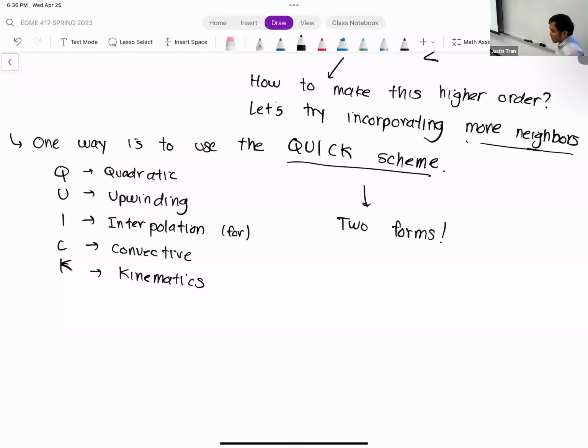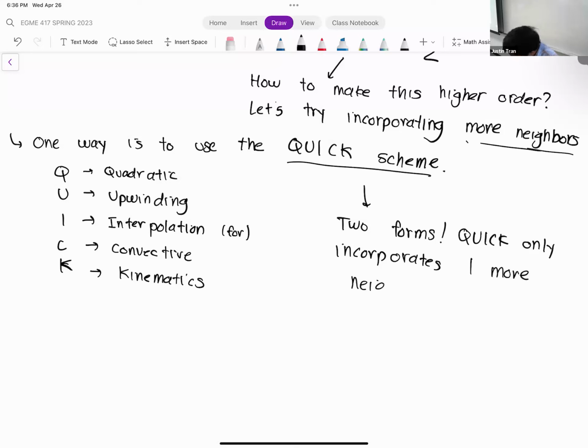The reason we have two forms is that, unlike the finite difference where we incorporate two extra neighbors, an extra neighbor on the left and the right, or above and below, the QUICK scheme actually only incorporates one more neighbor. That makes it seem better, right?